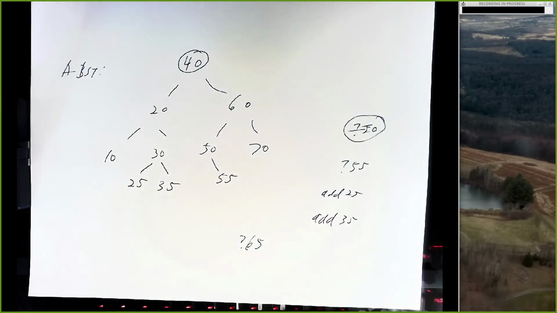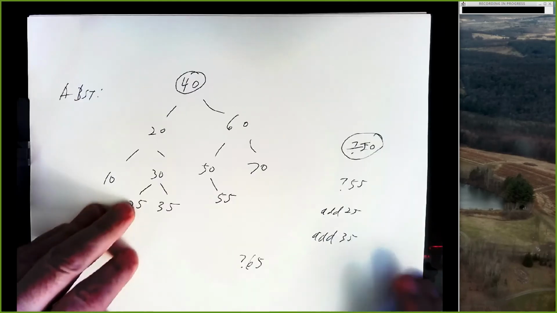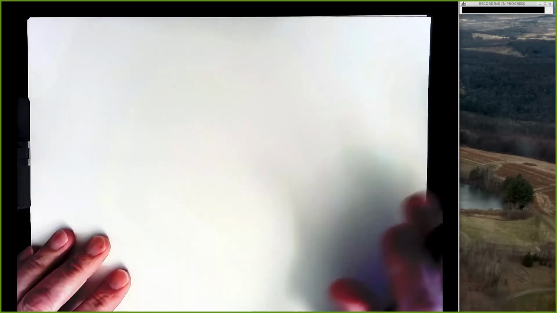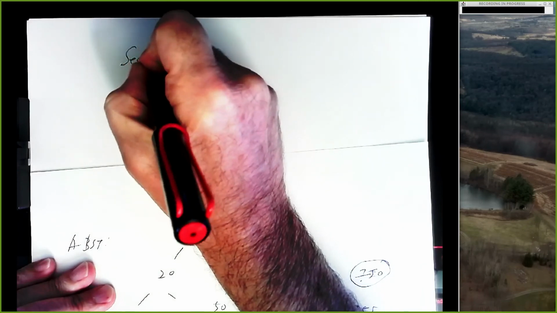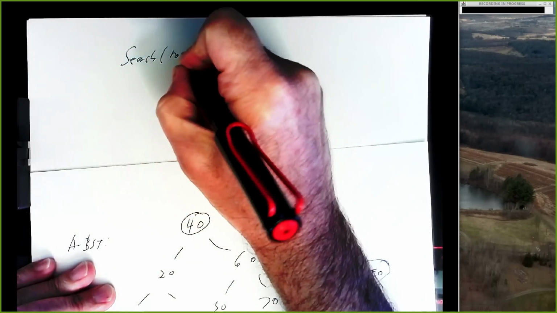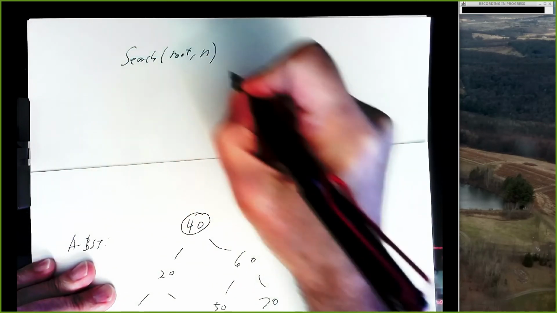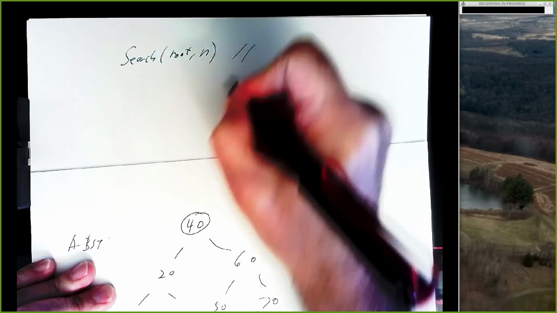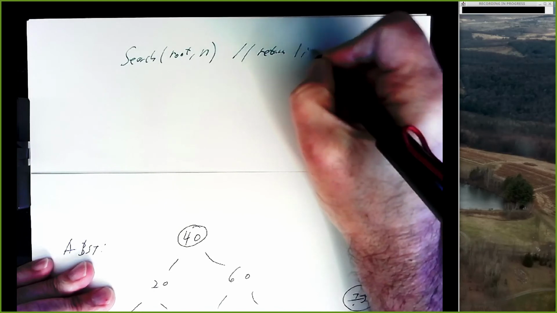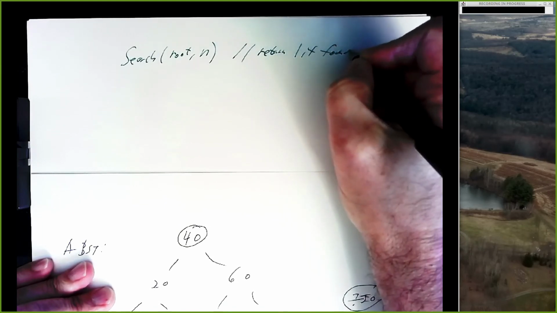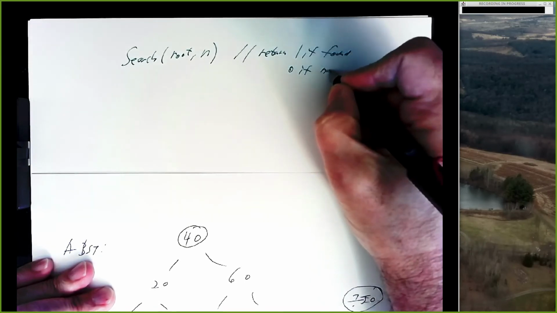But here's a different way to think about the problem. So let's call this search, and let's pass the root of the tree, and let's pass some number n that we're looking for. So return 1 if found, 0 if not found.